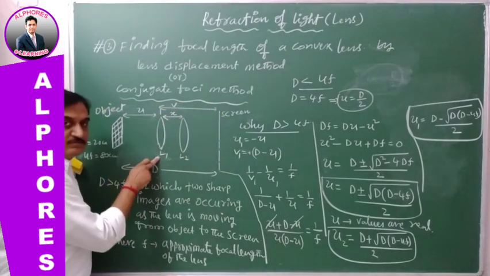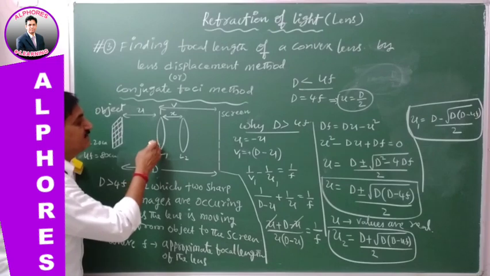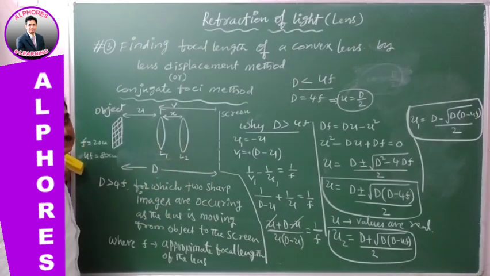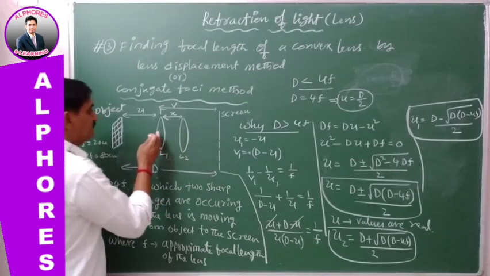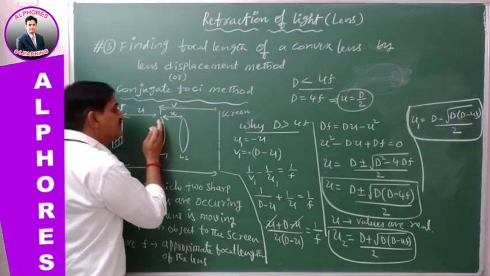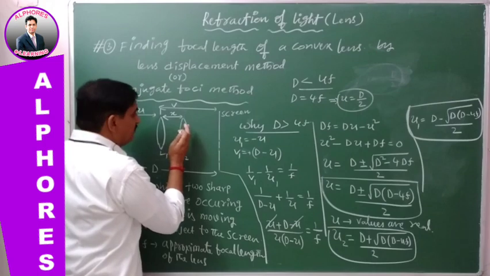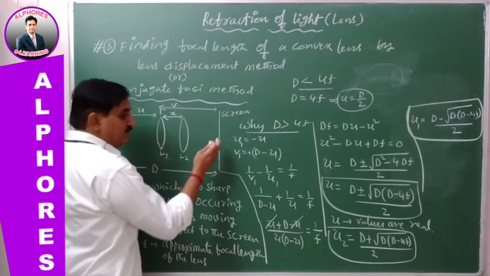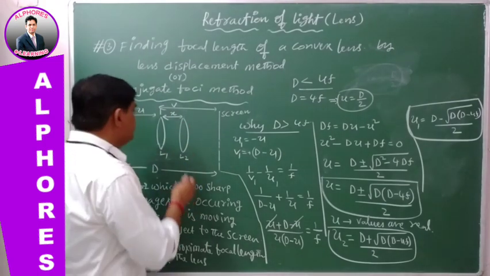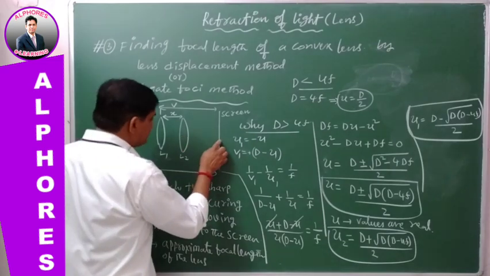So for the first position of the lens, where the sharp and magnified image is obtained on the screen at this position, and further the lens is moved towards the screen to some other position where one more sharp and diminished image is found on the screen.